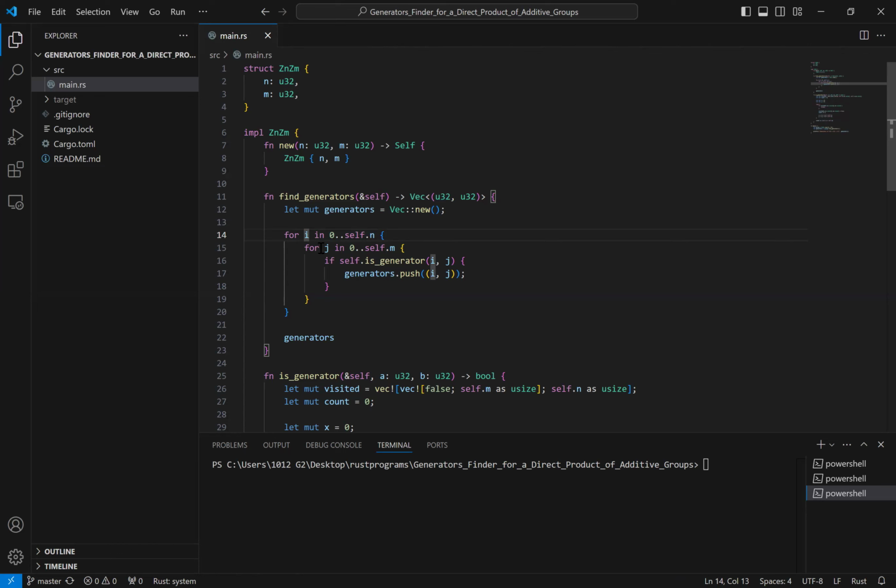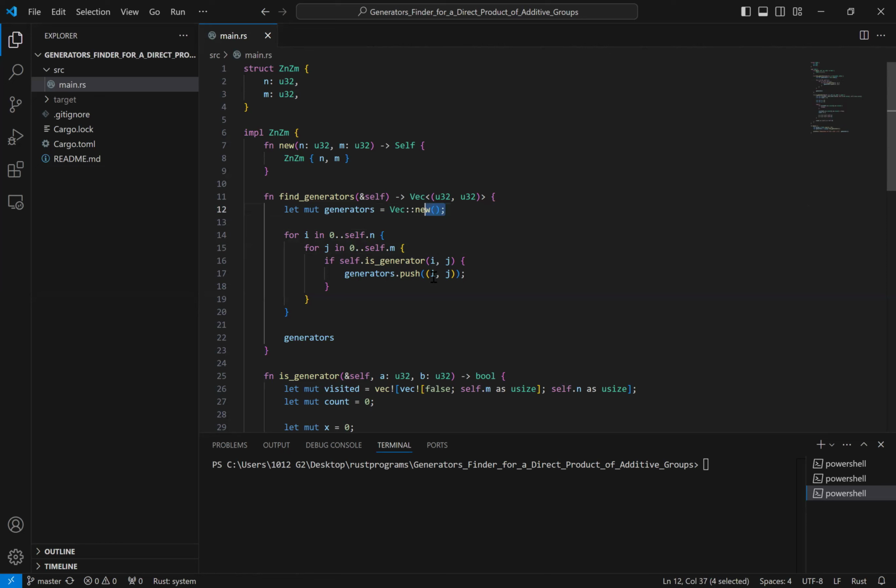Then j is now defining 0 to m, the other group mod m. And again, from 0 to m. So within that range, it says, if (i, j) is a generator, then push that (i, j) into this vector.